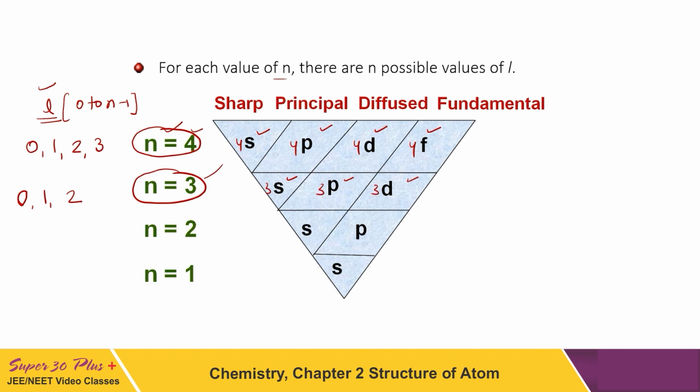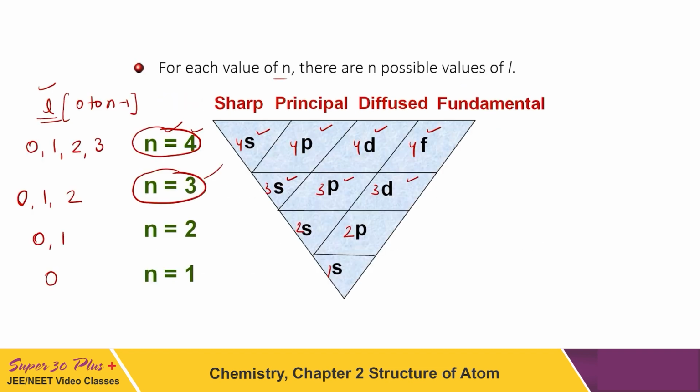For n equal to 2, the value of l could be 0 and 1. So this is 2s and 2p. For n equal to 1, the value of l could be only 0. So this is 1s. For the first shell, only 1s is possible. These are the possible values of the azimuthal quantum number.